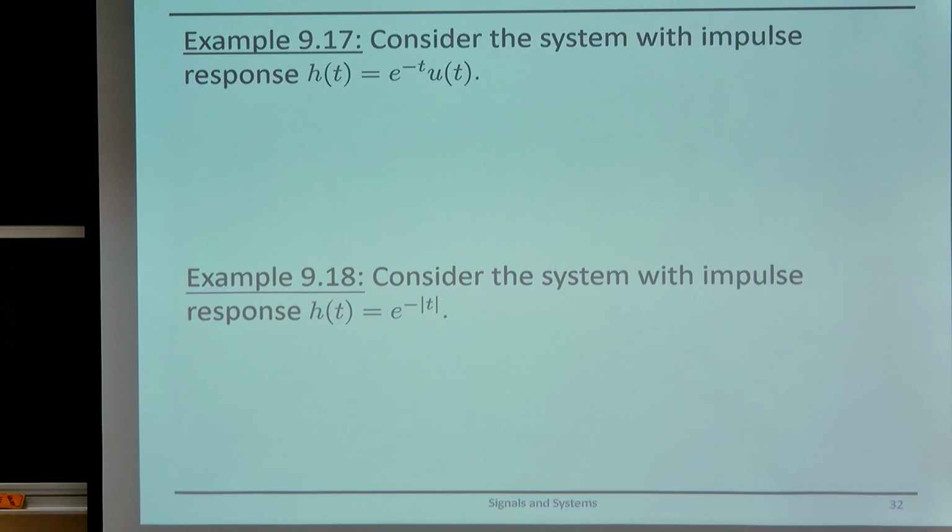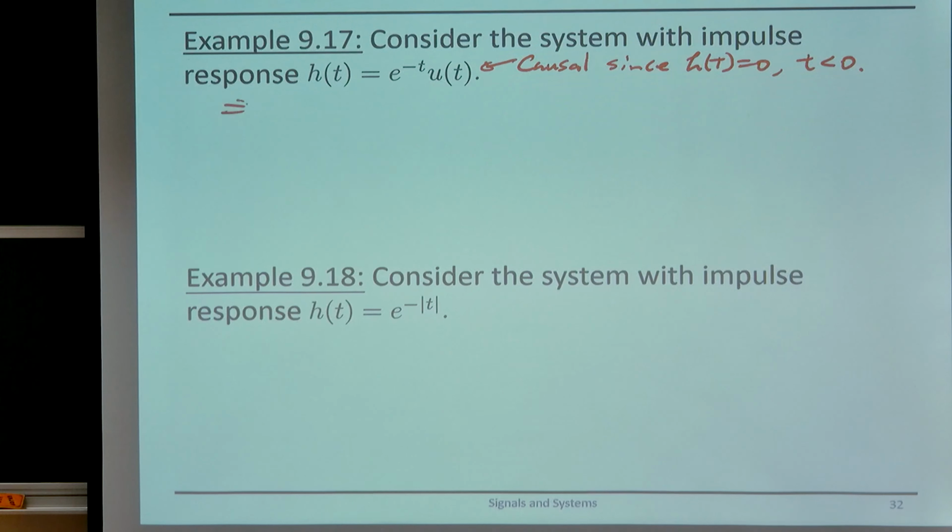So for the first example, suppose we have an impulse response that is the single-sided decaying exponential starting from time 0. Okay? So this is causal, since h of t is 0 for t less than 0.